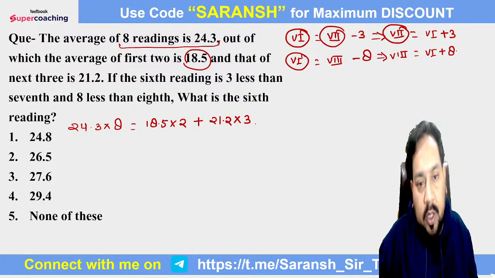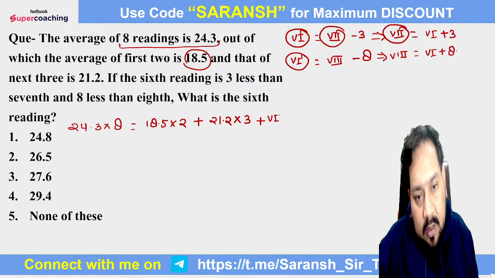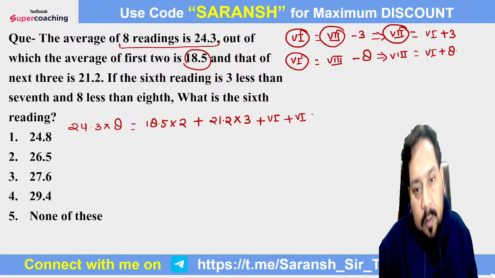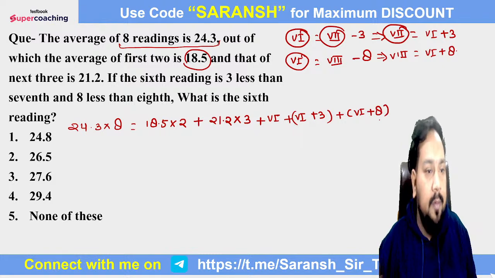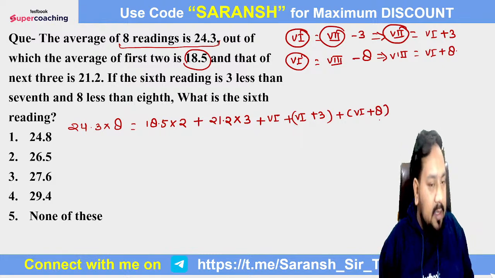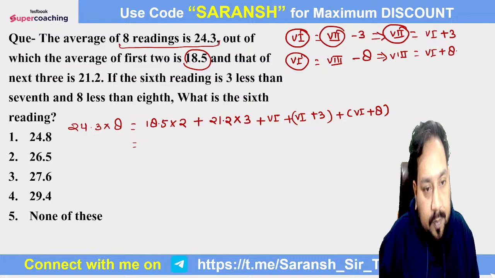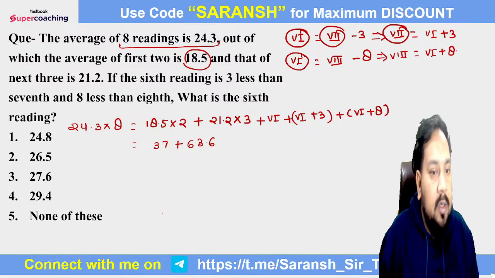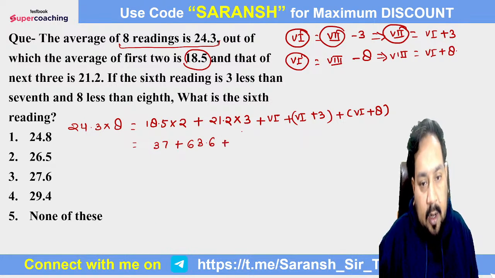It will give you the total, and the sixth digit will be 6, the seventh digit will be 6 plus 3, and the eighth digit will be 6 plus 8. Now it will be 37, and it will be 63.6.